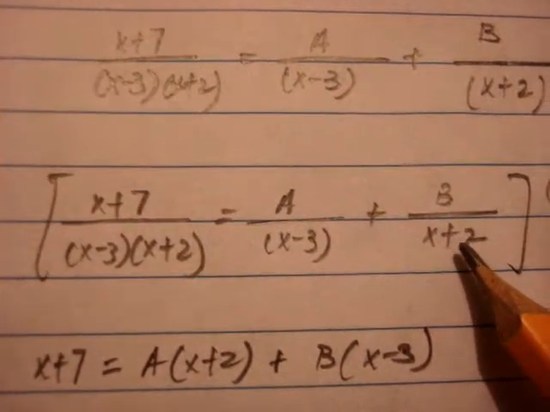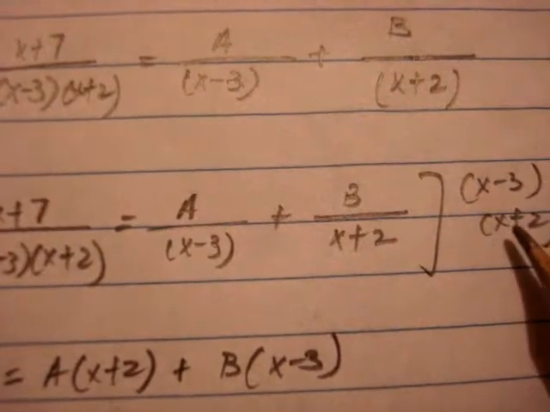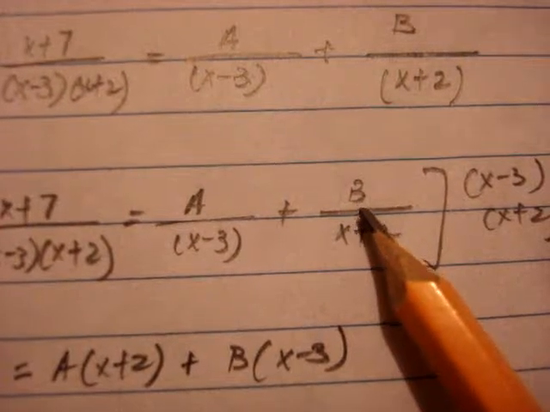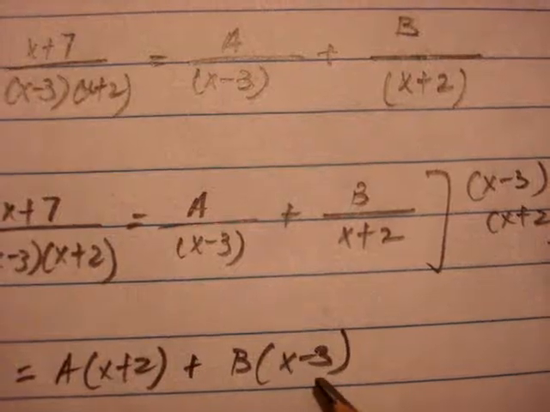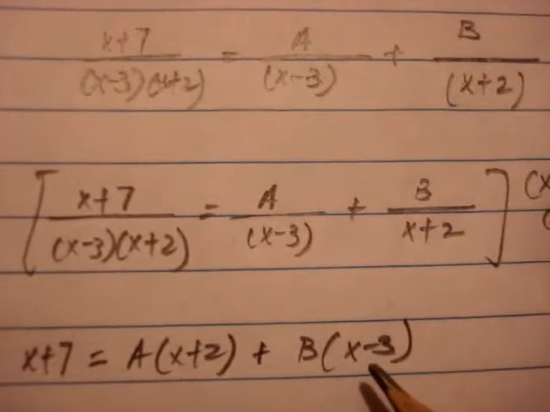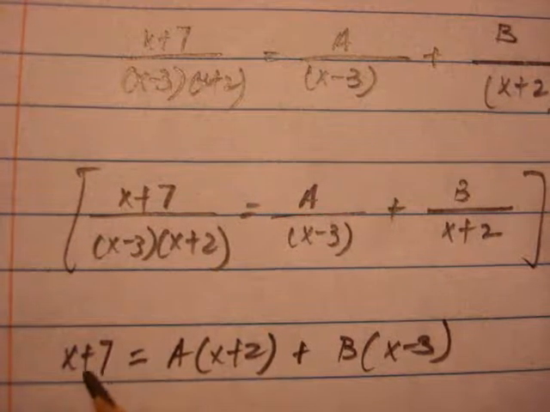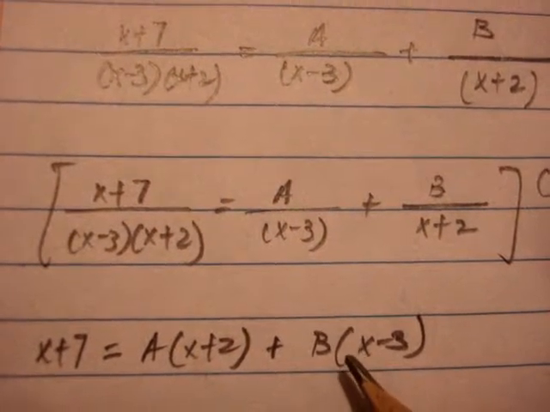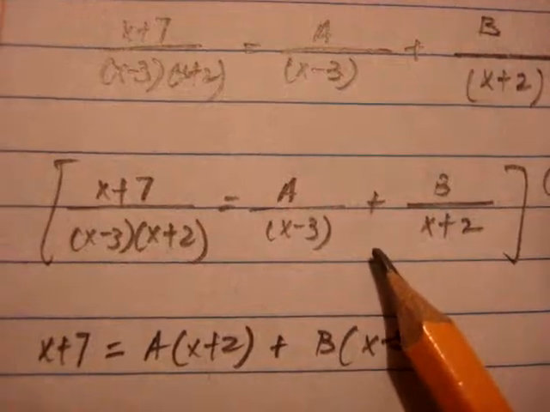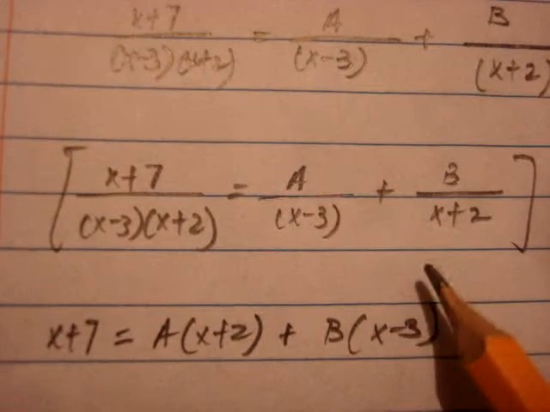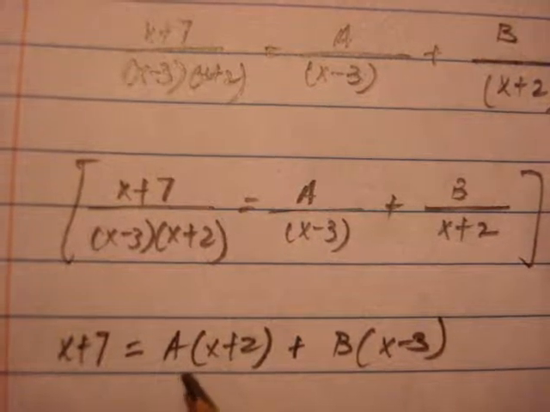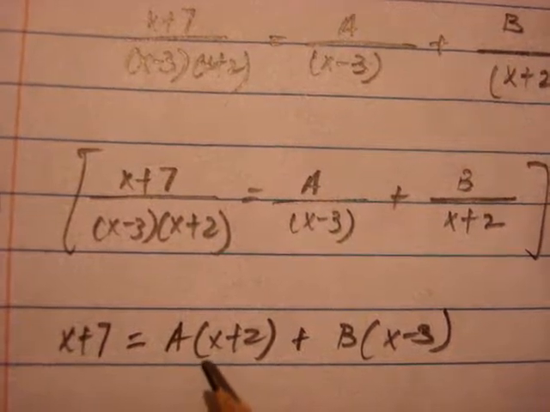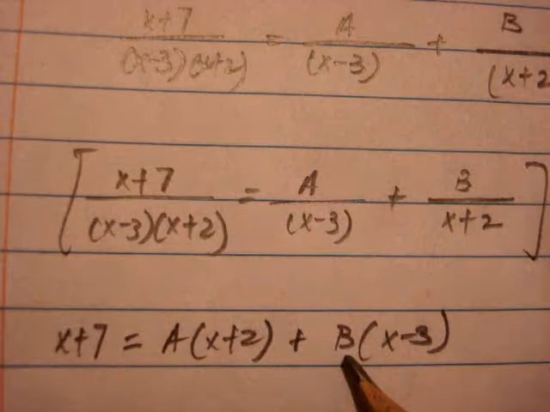As for this one, the x plus 2 cancels with the x plus 2, so you're left with B times x minus 3. Once you do that, you only have a linear equation. That's the point of using the common denominator. Once you have the linear equation, you try to solve for A and B.